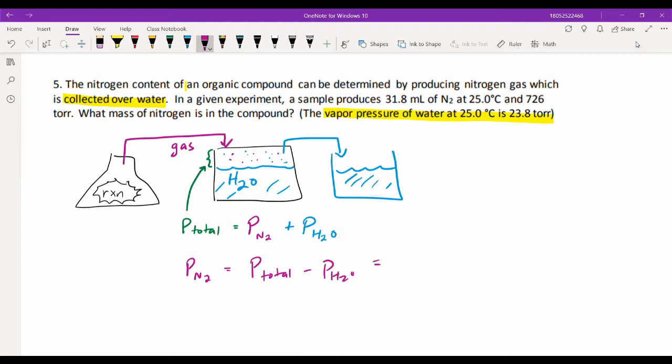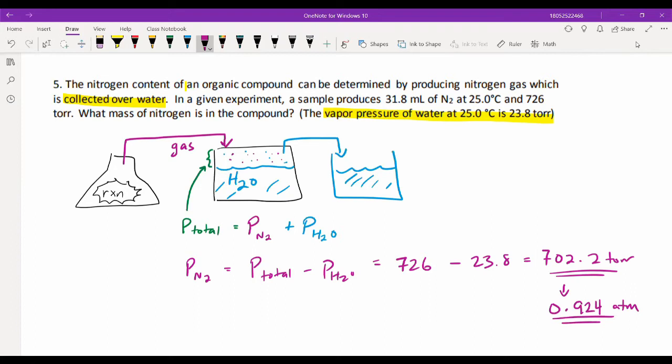The total pressure is sometimes also known as the atmospheric pressure. In this case, it's given in torr, and we'll subtract the pressure of water, which is also in torr. So this is 702.2 torr, which we can convert to atmospheres by dividing by 760, giving 0.924 atmospheres.